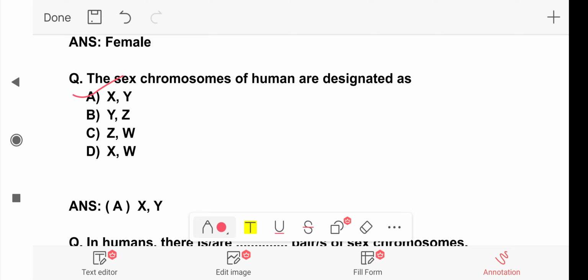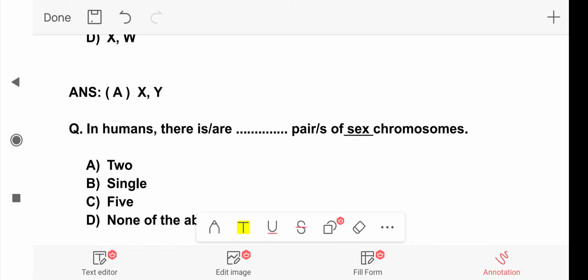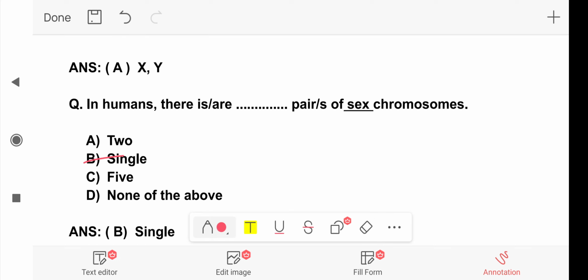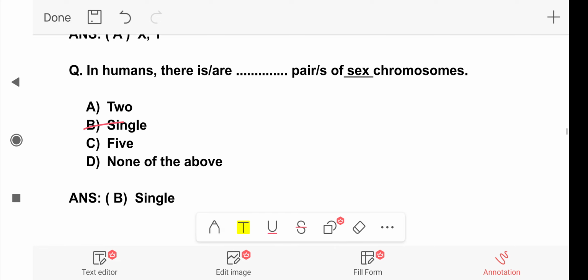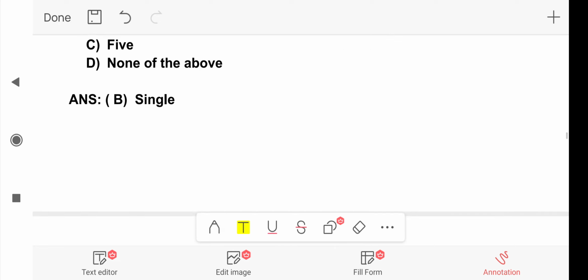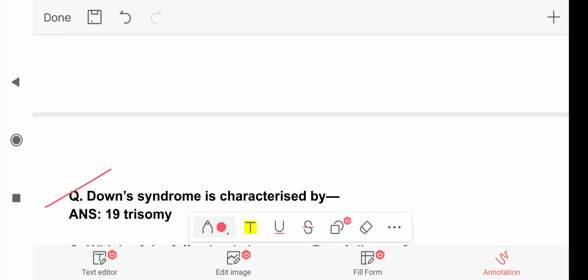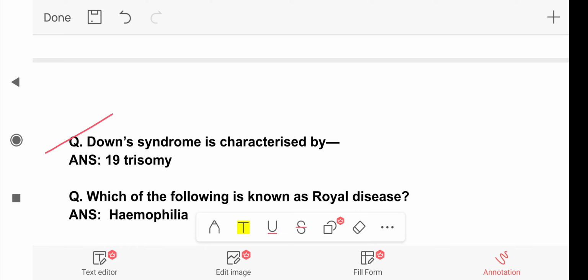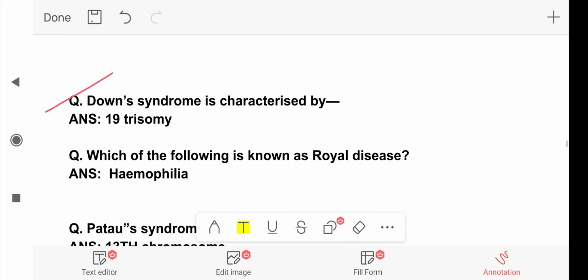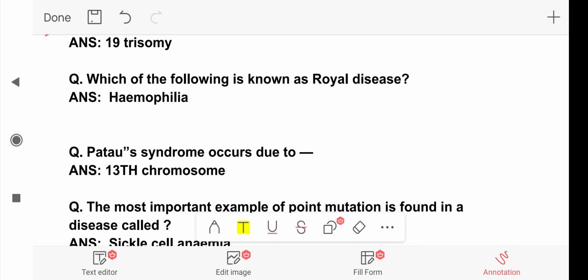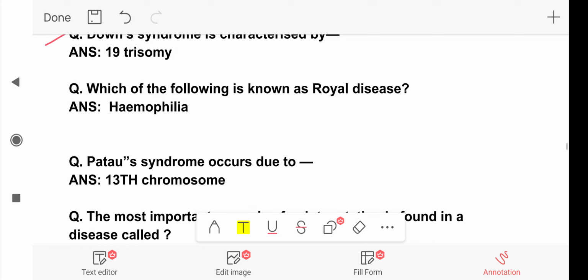In humans, there are dash pairs of sex chromosomes. Answer is single. So in human, there is a single pair of sex chromosomes. Next, Down syndrome is characterized by, answer, 19th trisomy. So trisomy 19 is a condition that is caused by an extra chromosome in number 19. There are three copies instead of 2 in the 19th.